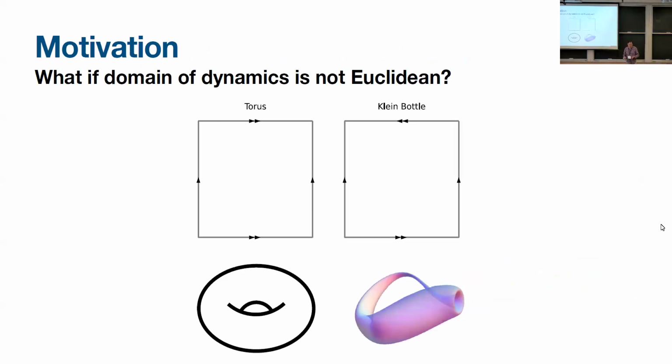Since this is a dynamic systems conference, we'll be focusing on time series data. And I think in every talk I've seen, everything works in Euclidean space, right? But what if your time series or dynamics is on some manifold that is not Euclidean? For example, it might be on a torus.